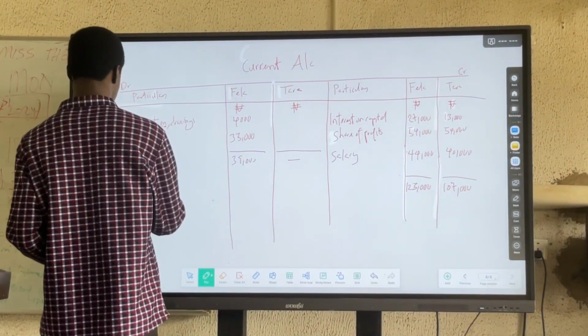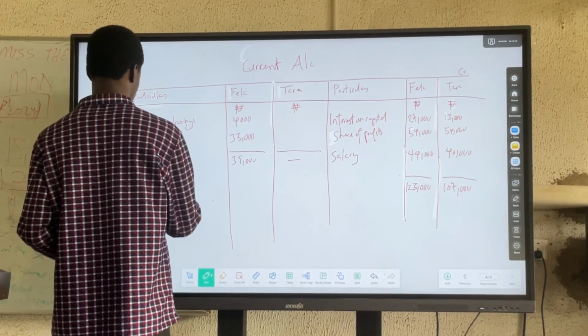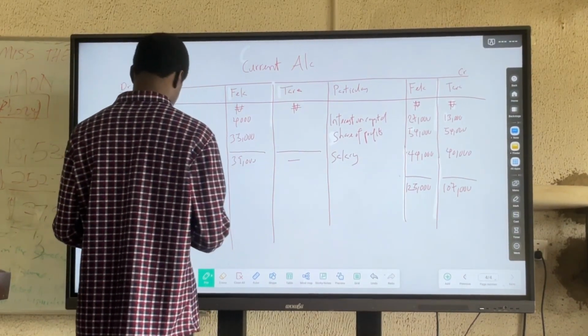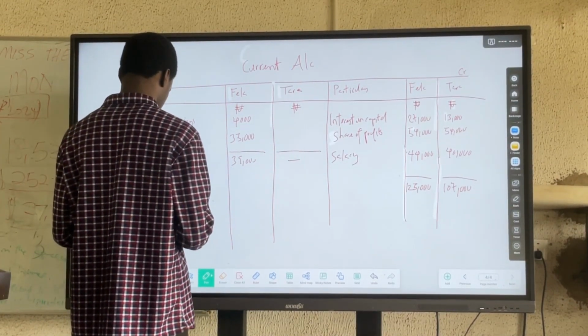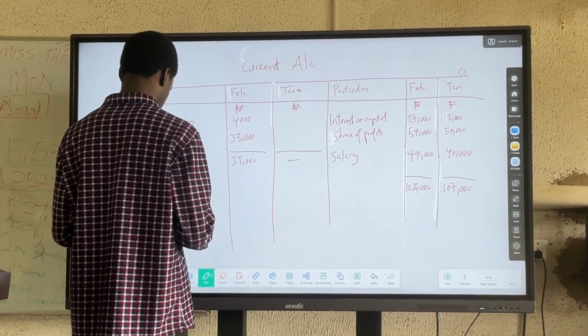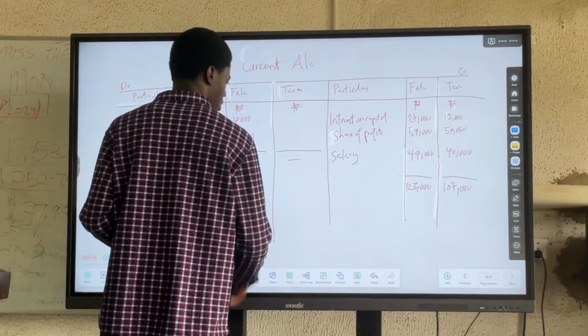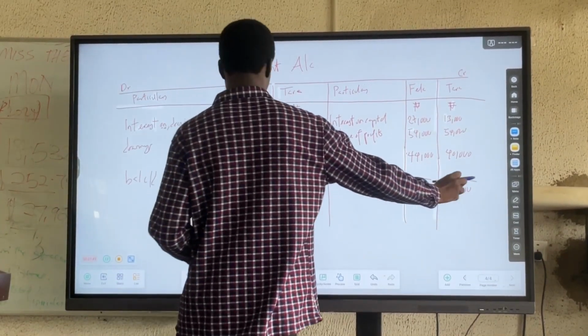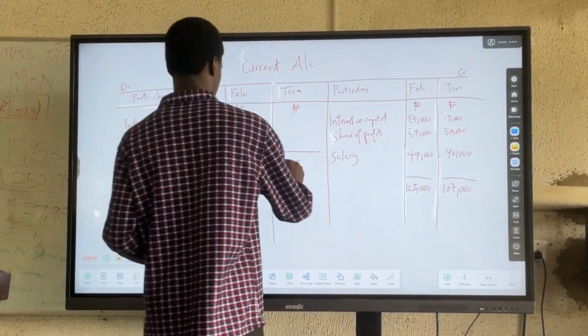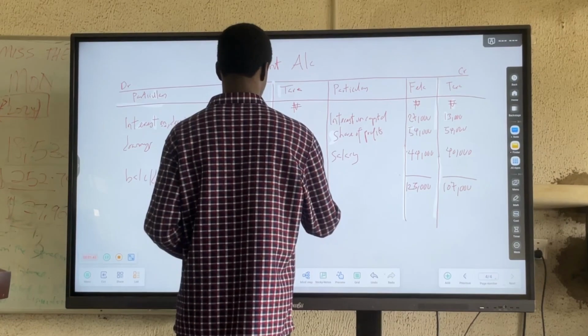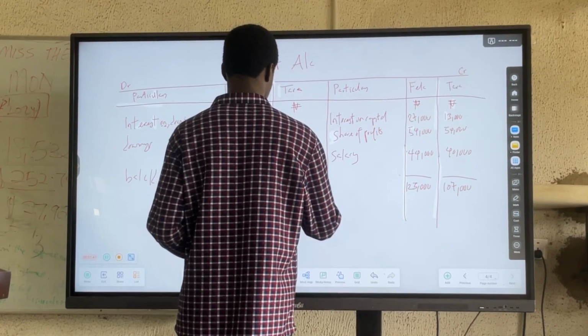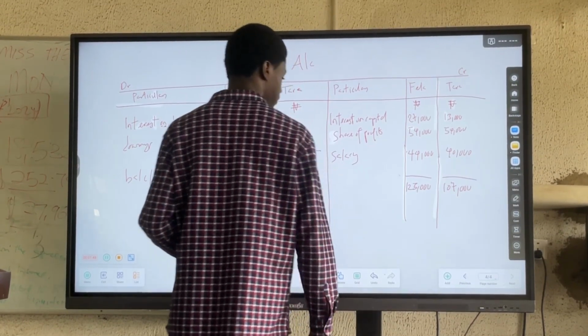So we're going to have balance c/d, and then we have 125,000 minus 39,000, that's 86,000 here. Here we're just going to bring the whole sum of 107,000 as our balance c/d.